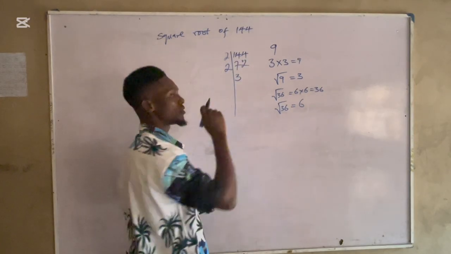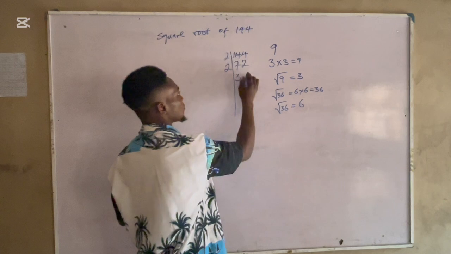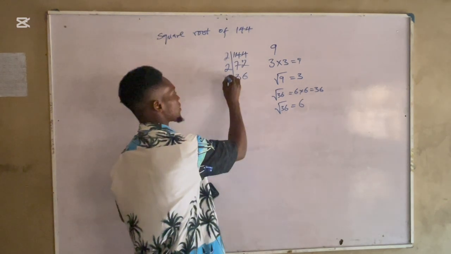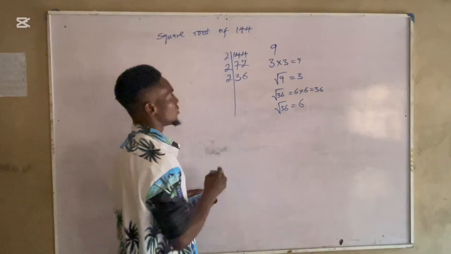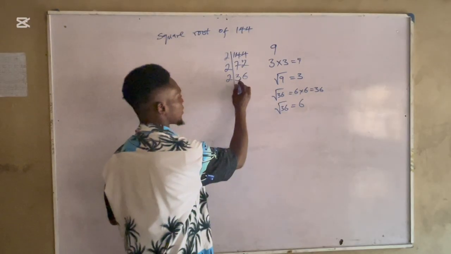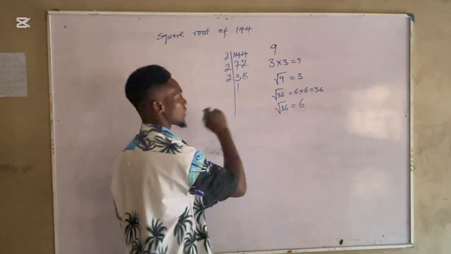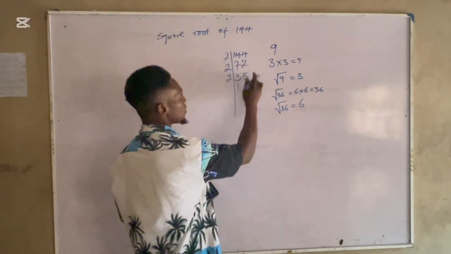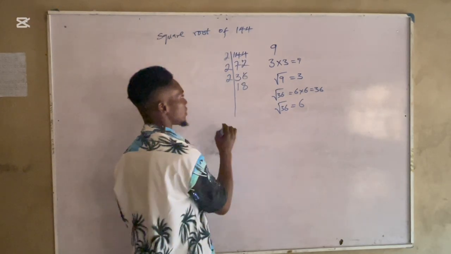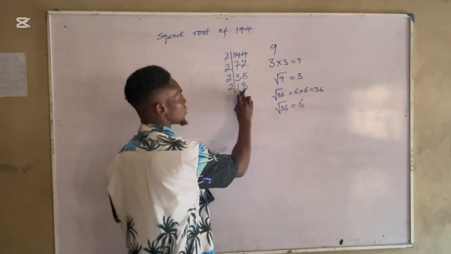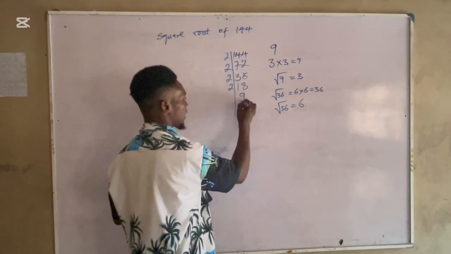Join the 1 here and make it 12. 2 into 12 is 6, being 36. 2 can divide again. 2 into 3 will give 1, remainder 1. Join the 1 to 6 and make it 16. 2 into 16 is 8. 2 can divide again. 2 into 18 is 9.